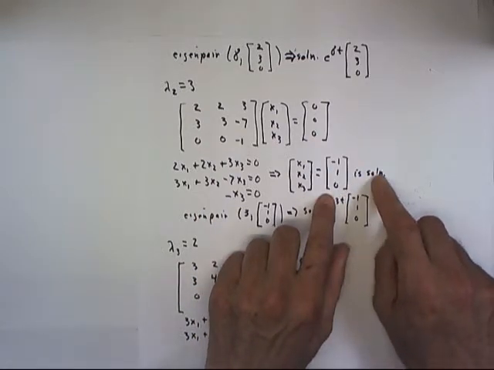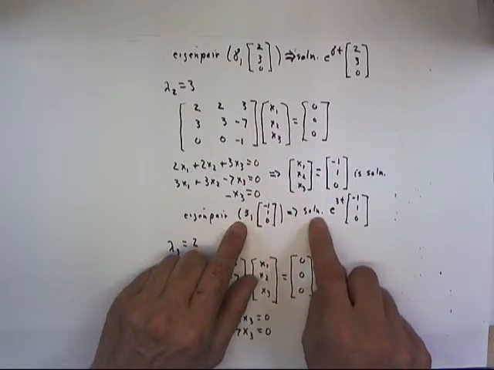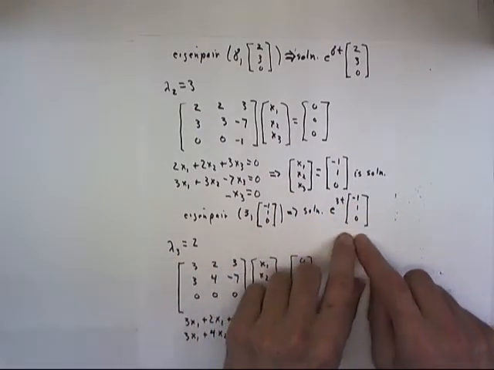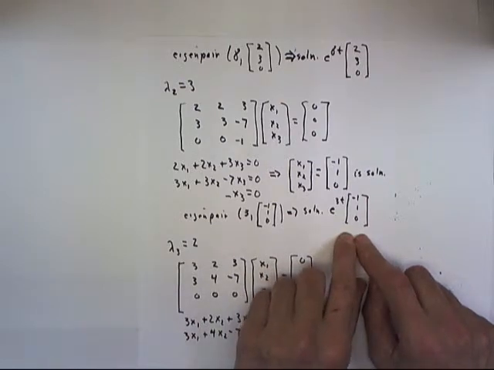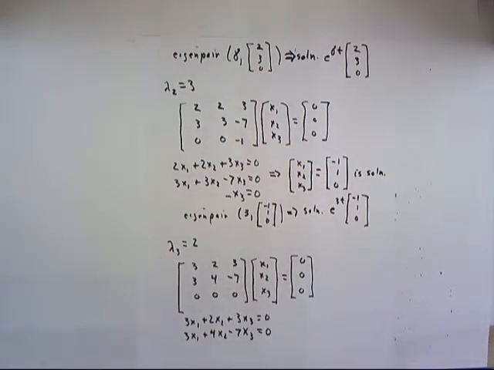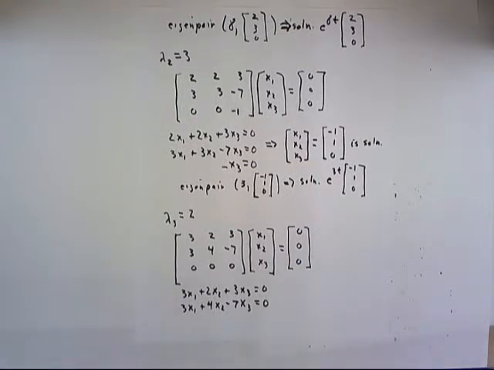So here's a solution giving us the eigenpair 3, (negative 1, 1, 0), and solution e to the 3t times negative 1, 1, 0. The solution follows with steps completely analogous to the preceding. Now, lambda 3 equals 2 does throw a little bit of a curve at us, so let's see how that works out.